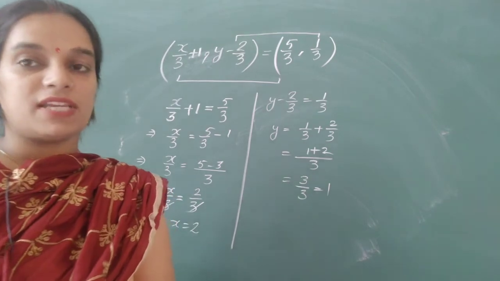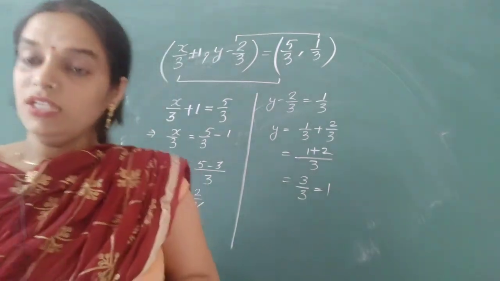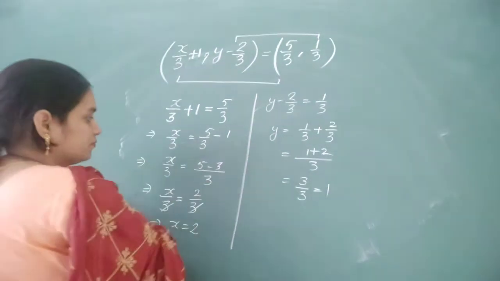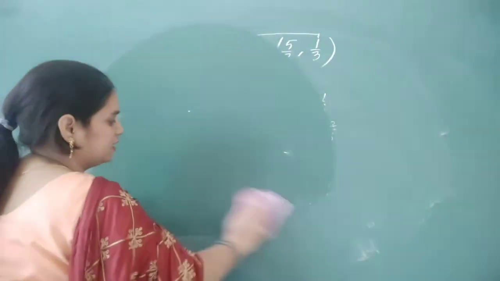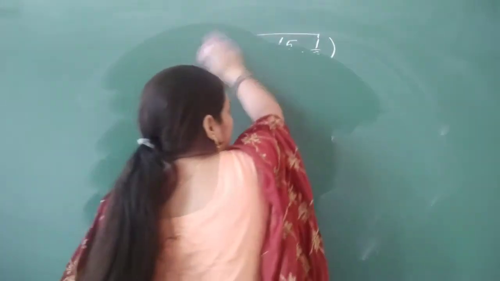In question number 2 we are given that in set A there are 3 elements, but the elements are not given.